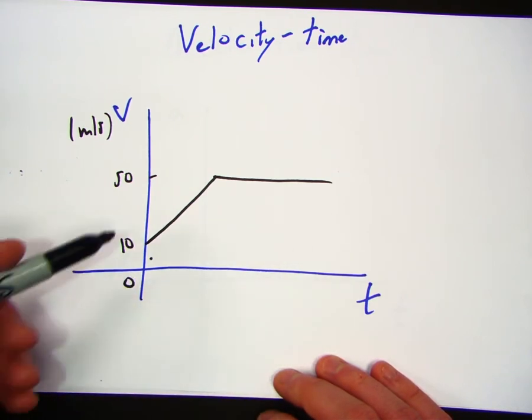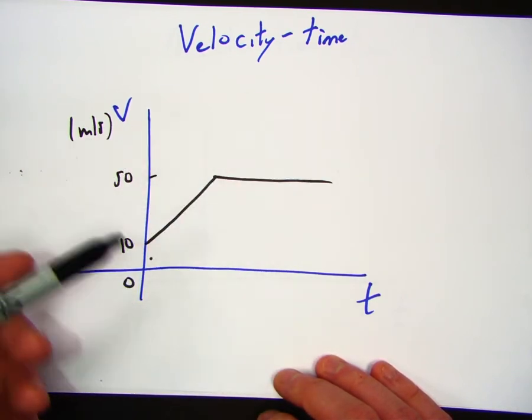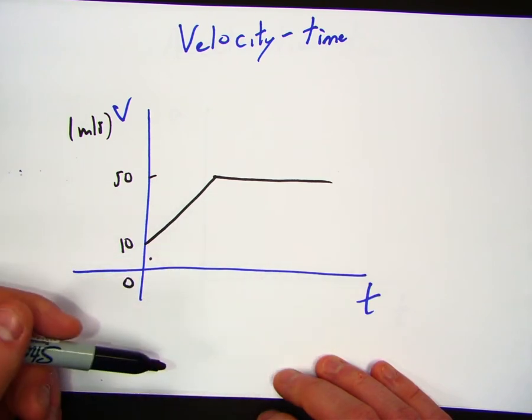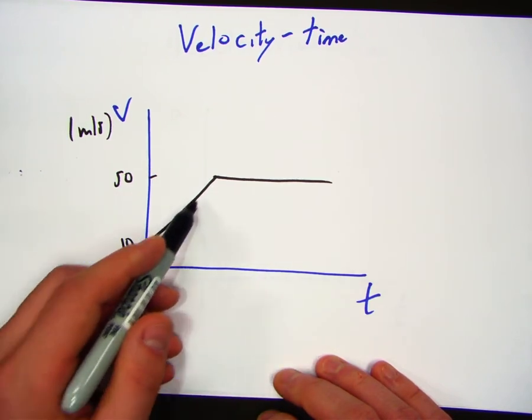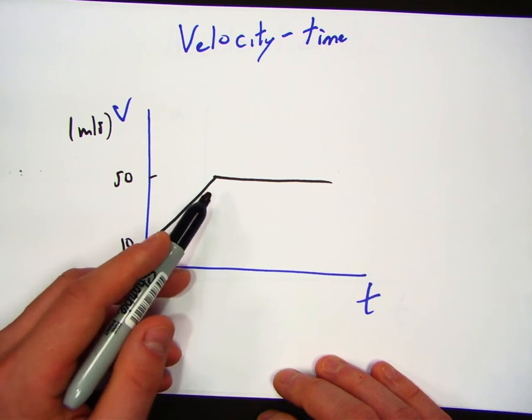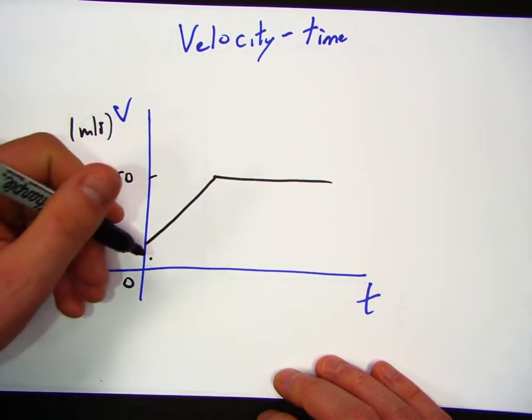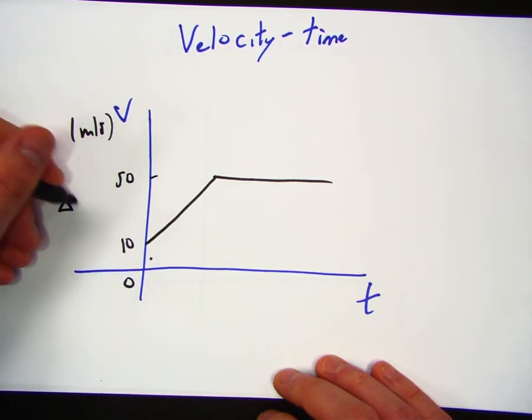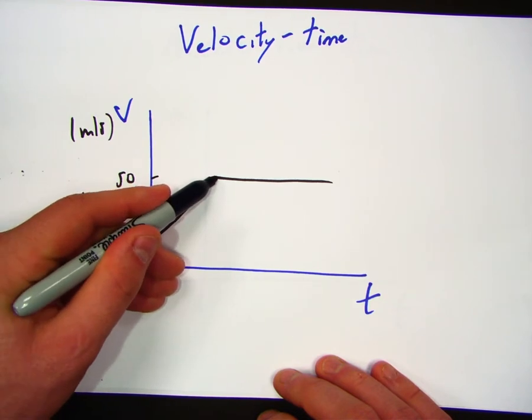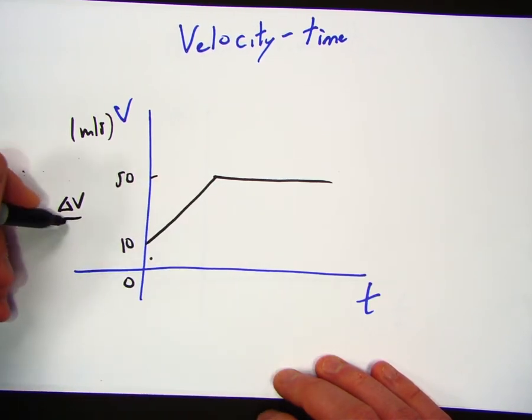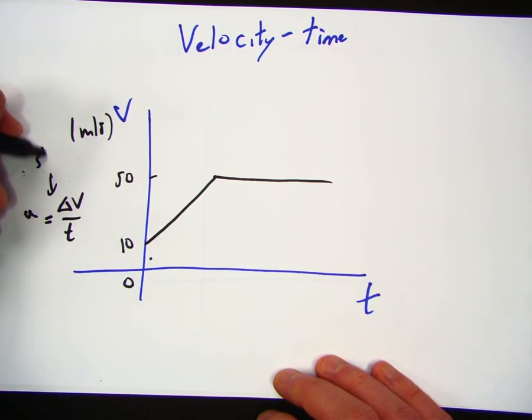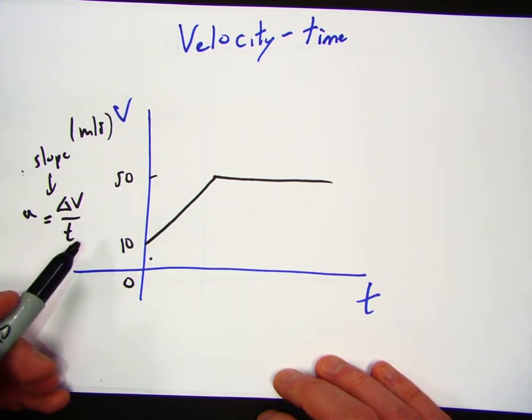Now, when we look at this graph, what does the slope and what does the area represent? Well, the slope of this graph, as you can probably already tell, is going to be acceleration, because it's a change in velocity, Vf minus Vi, over time. So the slope will indicate the acceleration.